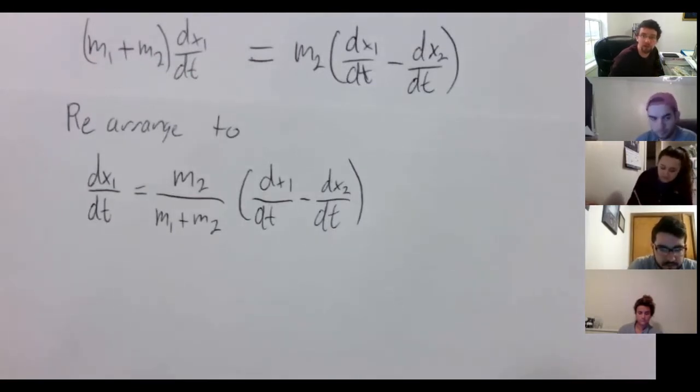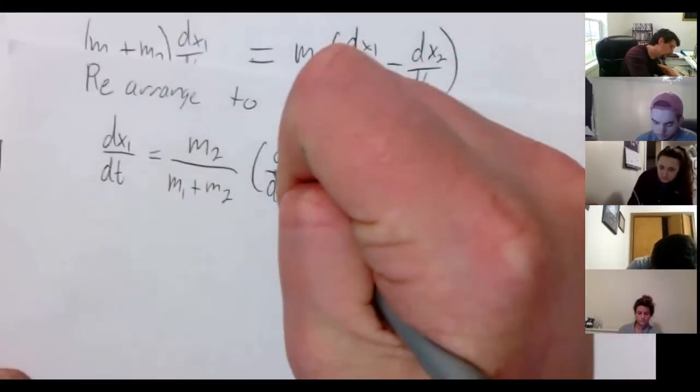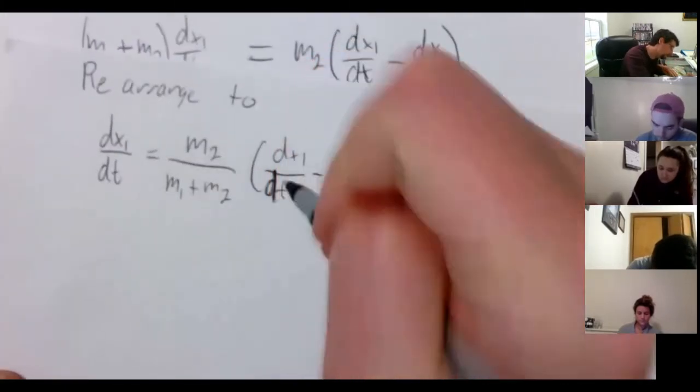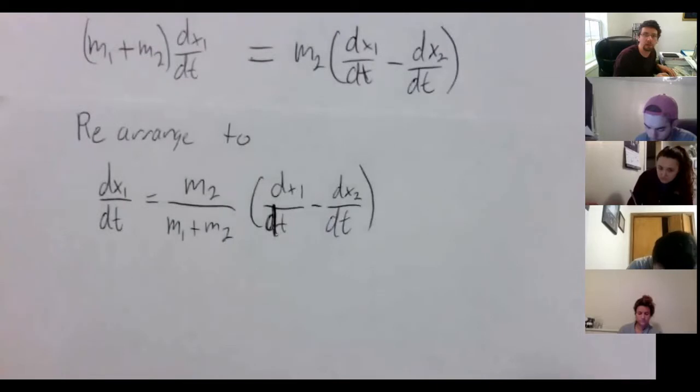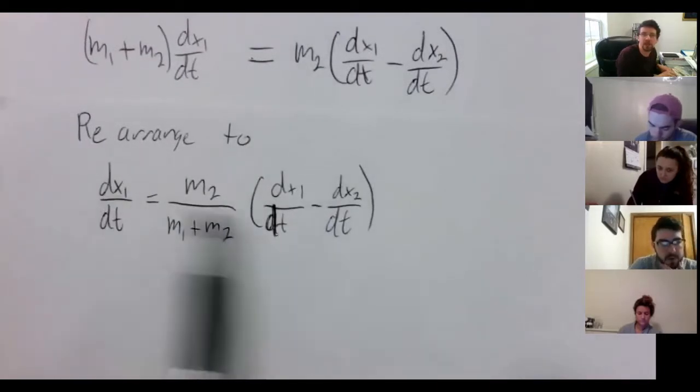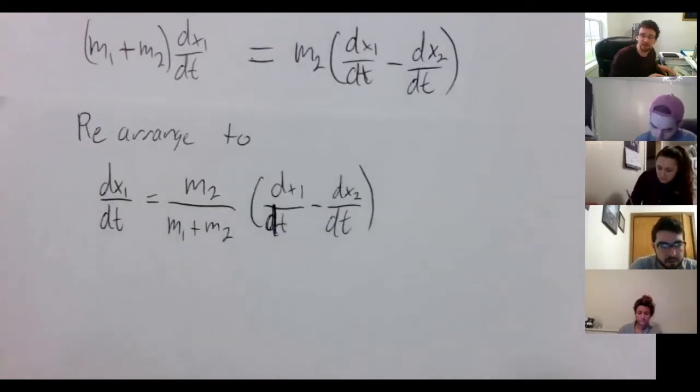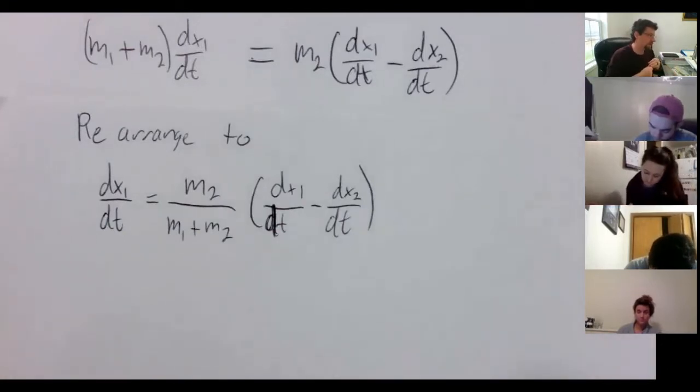Okay, so now we have a relationship between these guys. Whoops, that's meant to be a d. Now we have a relationship between the change that these lengths are going through and the masses. But it's often more convenient to represent these coordinates as relative coordinates rather than absolute coordinates.